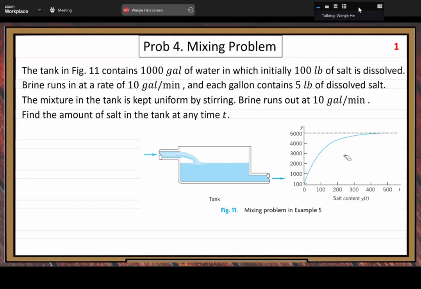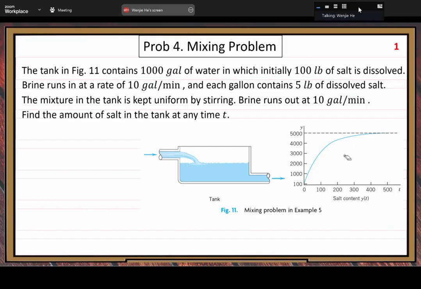Find the amount of salt in the tank at any time. You need to calculate the y function, which represents the amount of salt in the tank. The initial value of that function is given: the amount of salt is 100 pounds.